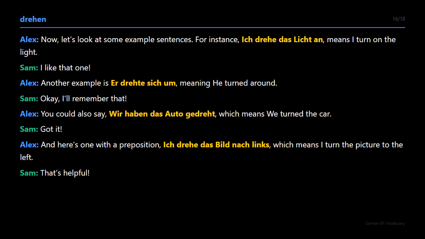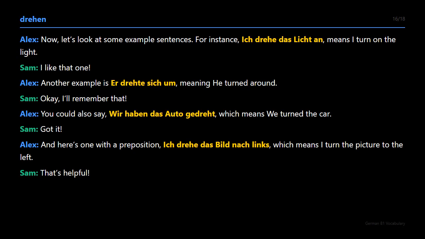Okay, I'll remember that. You could also say, wir haben das Auto gedreht, which means we turned the car. Got it. And here's one with a preposition: ich drehe das Bild nach links, which means I turn the picture to the left.